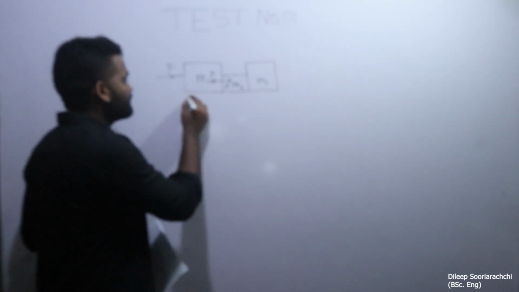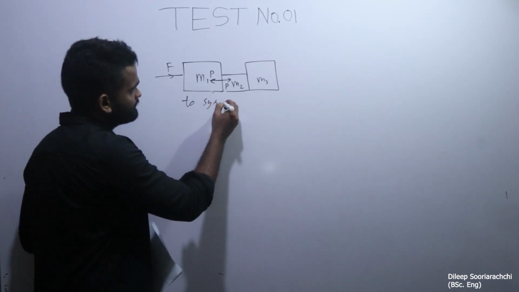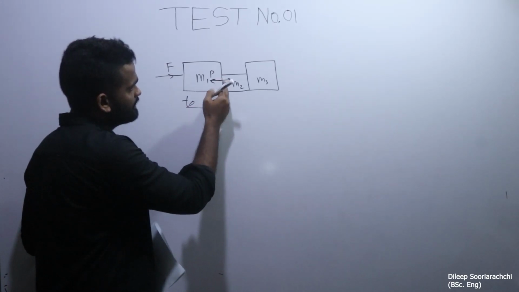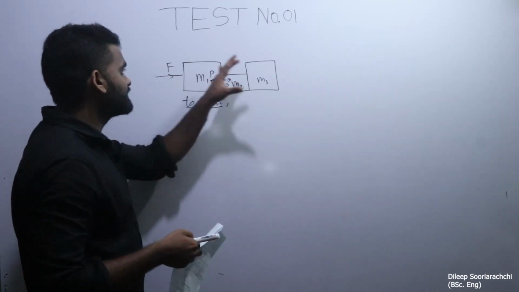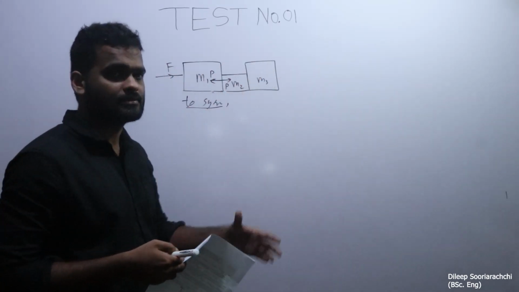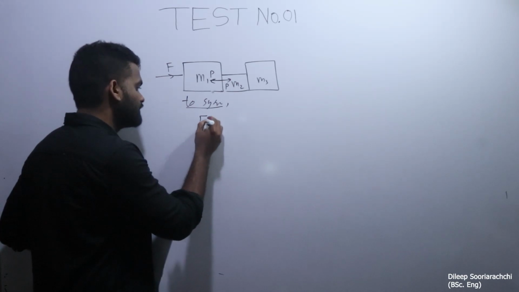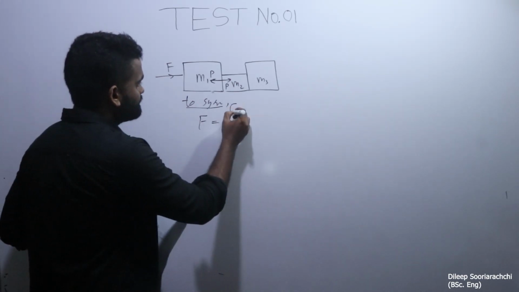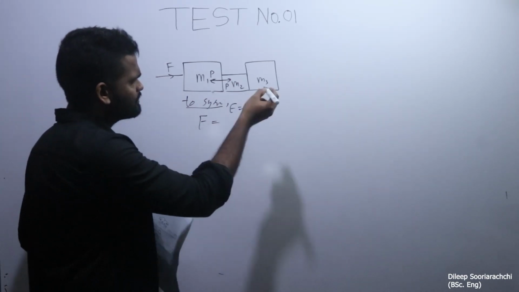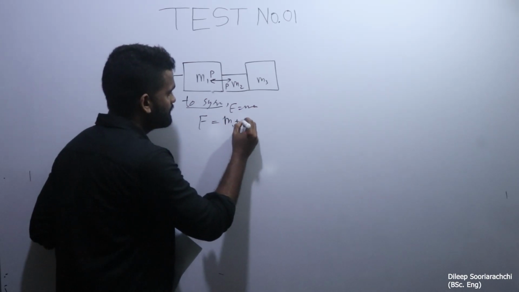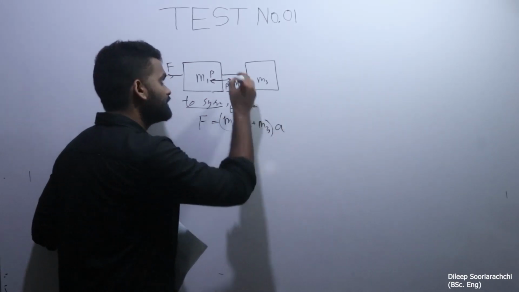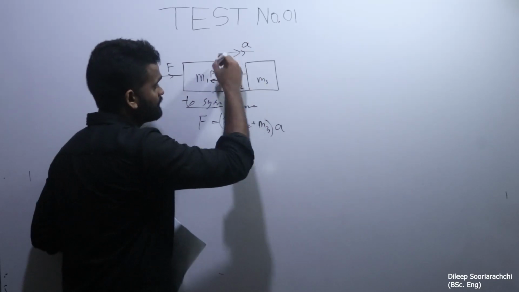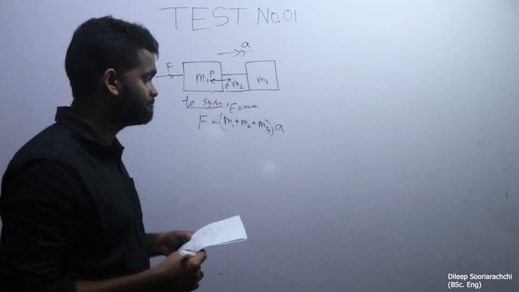So if we think about the whole system, these P forces cancel off. Those are internal forces. The only external force on the whole system is capital F. Then the mass of the system is M1, M2 plus M3. I'll say the acceleration of the system is simple a.